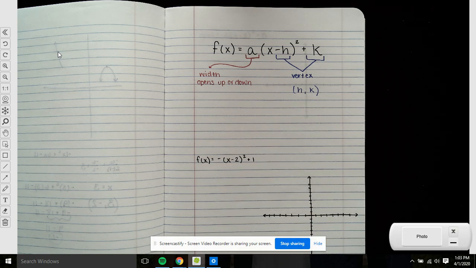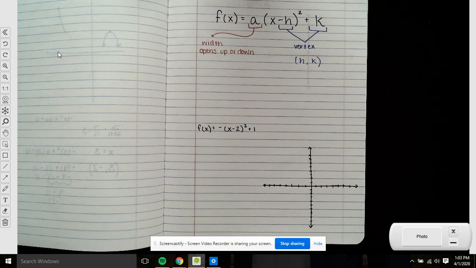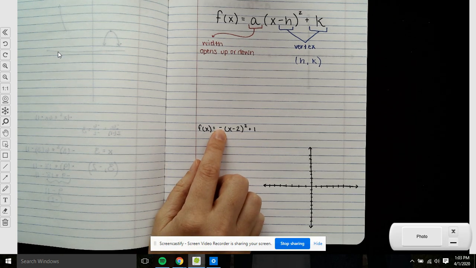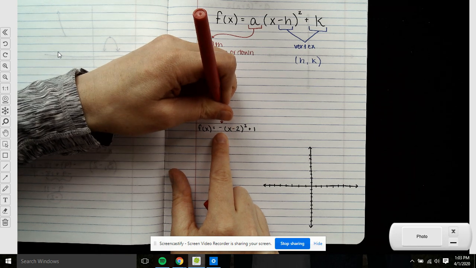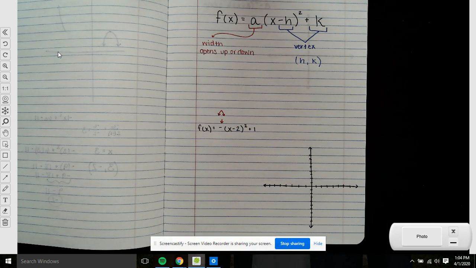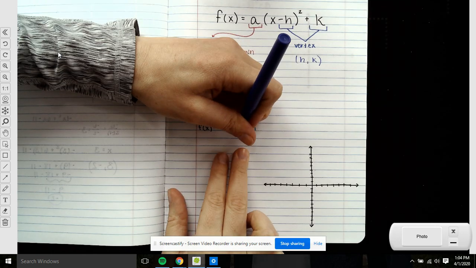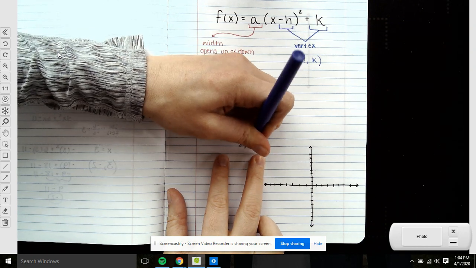So I'm going to look down below at my first example. Notice I've got my A value here of -1. So right off the bat, I know that this is going to open down. The other thing I can see right off the bat is that my vertex is going to be 2, 1.